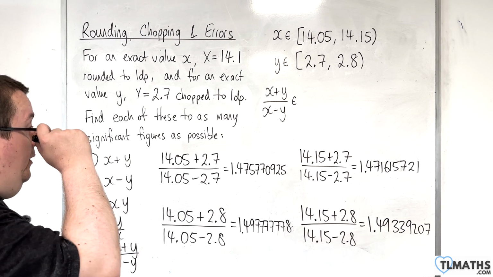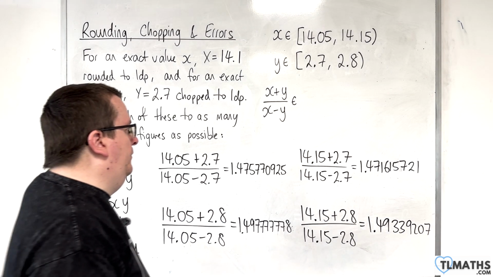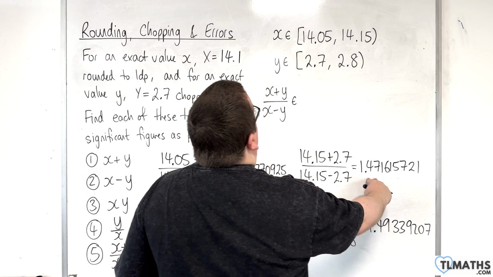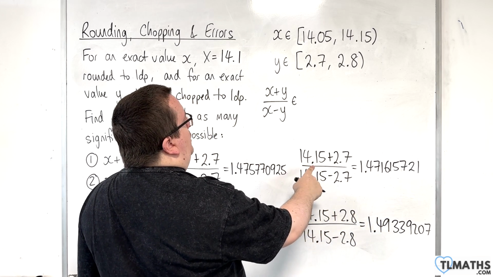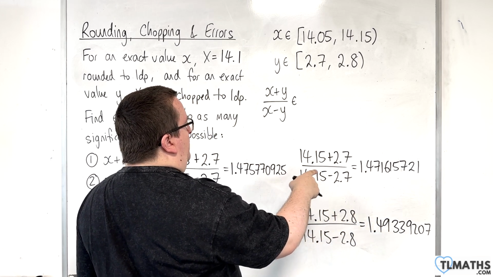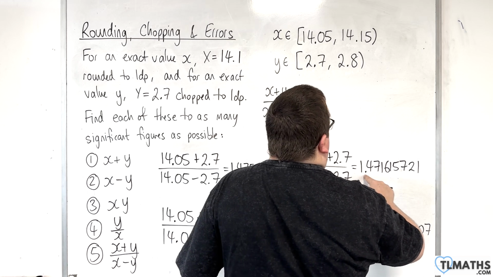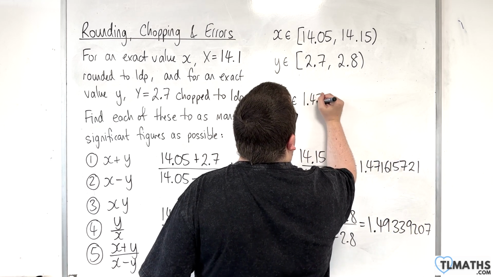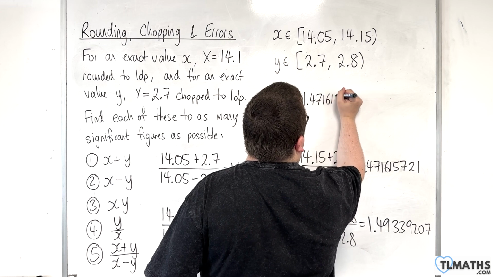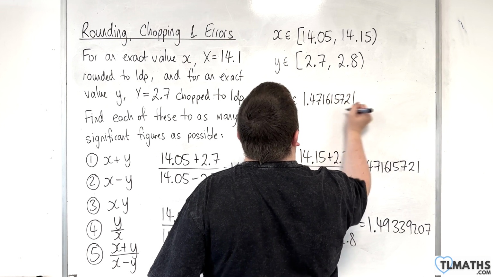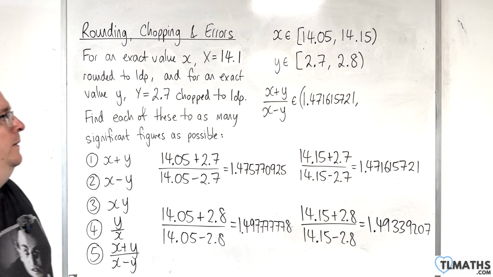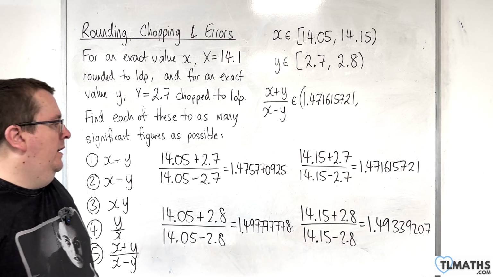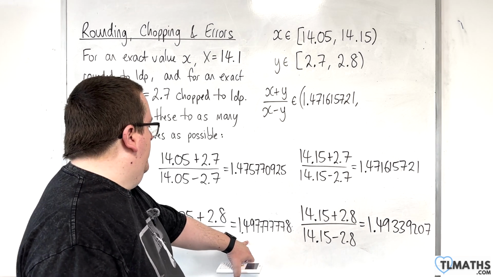Okay, so the smallest value of those is this one here, using the largest value of x and the smallest value of y. So 1.47161571, curved bracket. And the largest value is this one here.